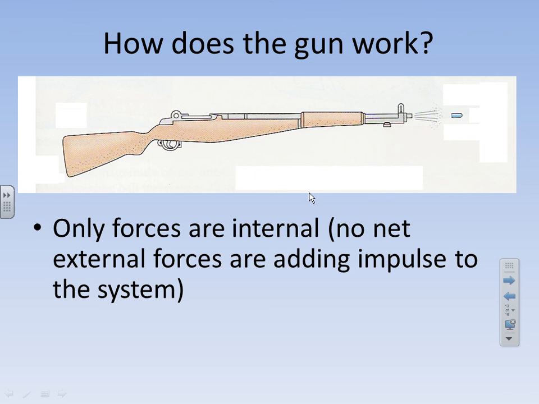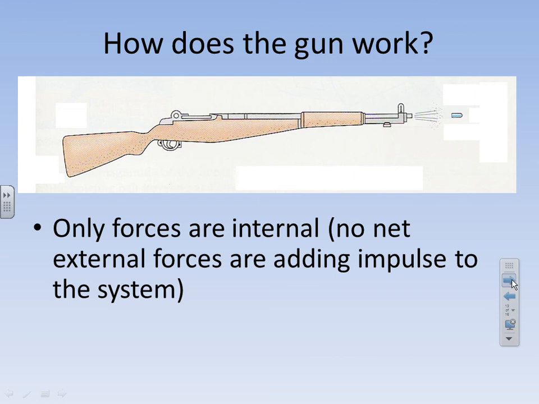If we're going to end up with zero momentum at the end, total, what has to be true about the momentum of the gun and the momentum of the bullet? Equal, but opposite. In this case, that has to be true.